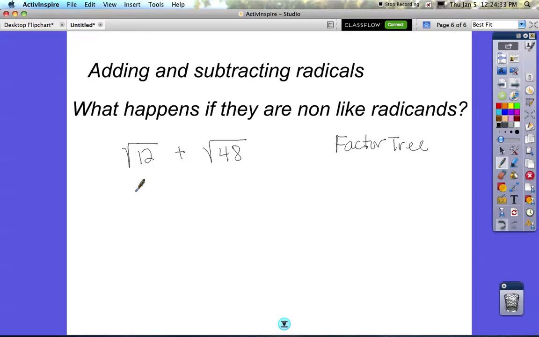We're going to factor tree this. So you may want to jot this down as a memory. So I'm going to start with 2. 2 and 6. And then I can break down 6. I can still use 2, correct? 2 and 3. Okay. Now, because this is a square root, and when you square something, how many times are you multiplying it?